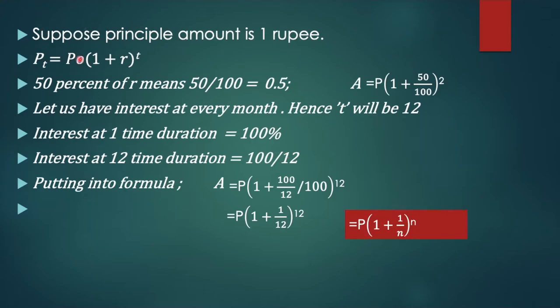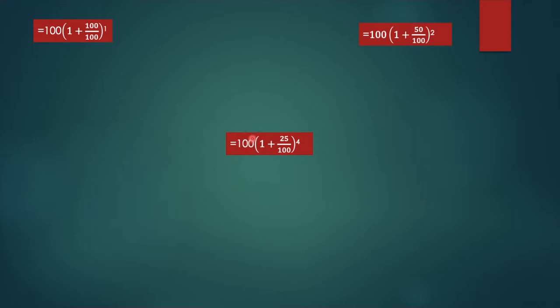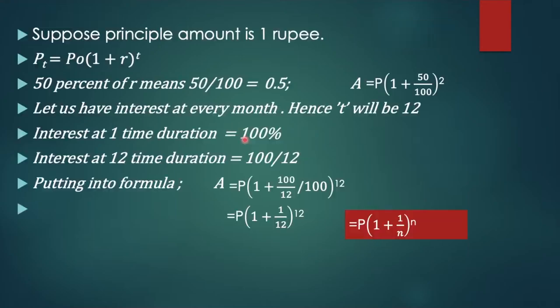So suppose the principal amount is rupees 1. Here we have considered 100, but let us consider it as 1 rupee. So this is the compound interest formula. So 50% of R means 50 by 100, this is 0.5. We can also directly write what?